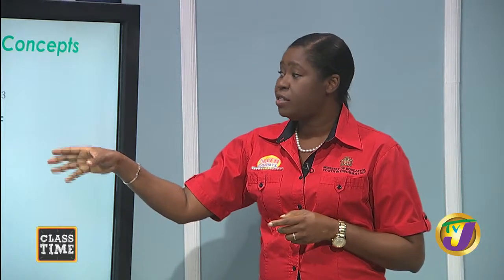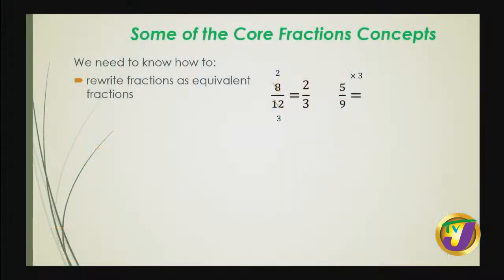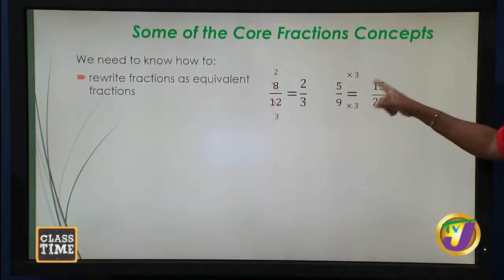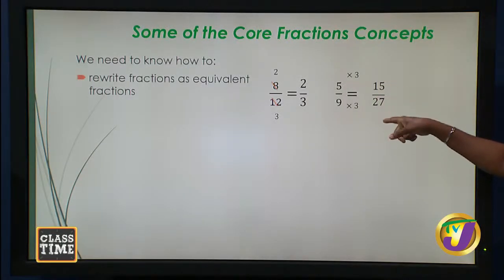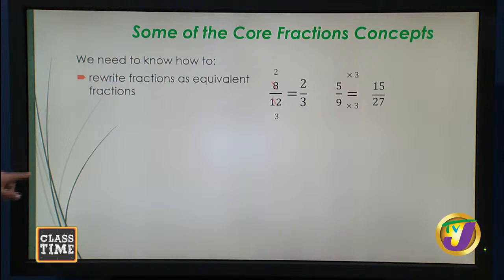Why? Because you have to preserve the value. Whatever you do to the numerator, you have to do to the denominator to keep the balance. Multiplying by 3 on the numerator and by 3 on the denominator is the same as multiplying by 3/3, which is 1. So you're saying 5/9 is equivalent to 15/27. Good.